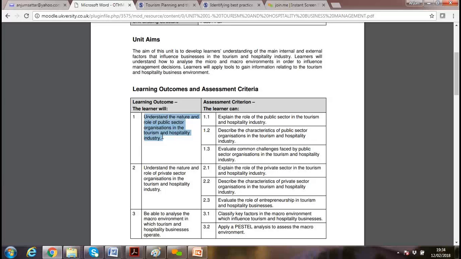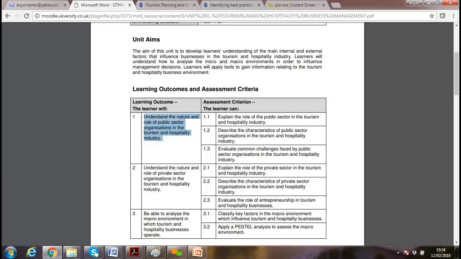So it's a huge role, public sector organizations. They can manage basically the public sector organization. They set the code of practice for the private organization, like the travel and tourism watchdog. Regulators can regulate, so give them guidance, provide them.